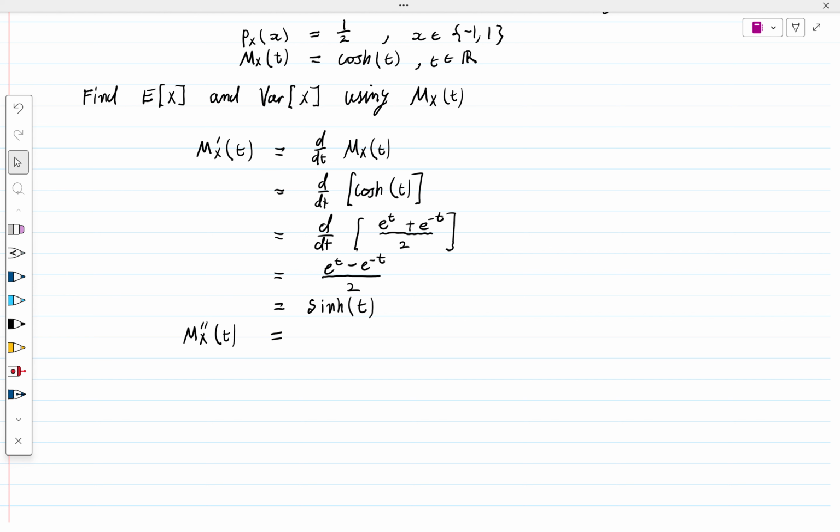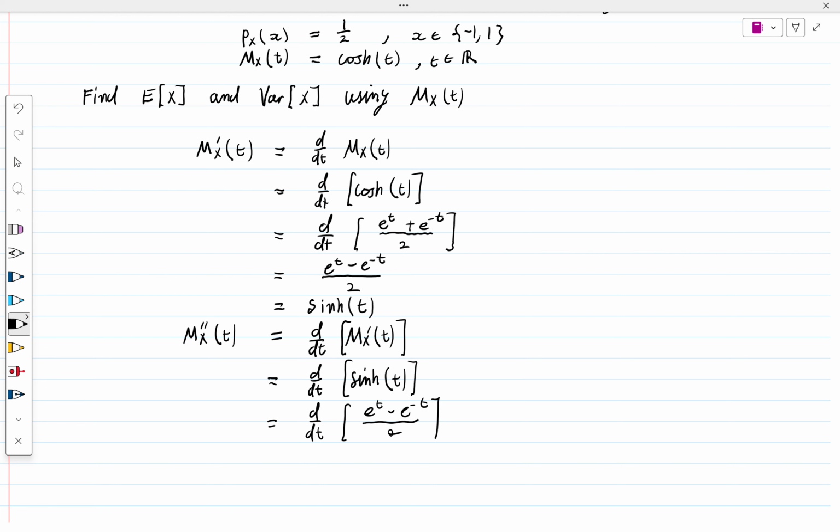So in this particular example, we can say that is the derivative of the first derivative. So it's the derivative of the derivative, which in this case is d/dt of sinh t, which in this case is d/dt of e to the t minus e to the -t over 2, if you're not familiar with the definition.